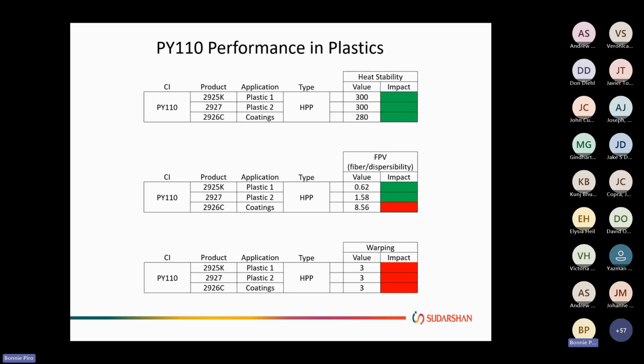In this case, the coatings grade doesn't disperse as well as the two plastics grades. Warping is one of those properties driven by the chemistry itself, so all three of these perform the same. Unfortunately, warping is not a property that can be attributed to the Pigment Yellow 110 chemistry. It does perform poorly in warping.